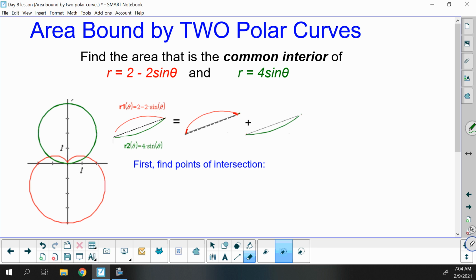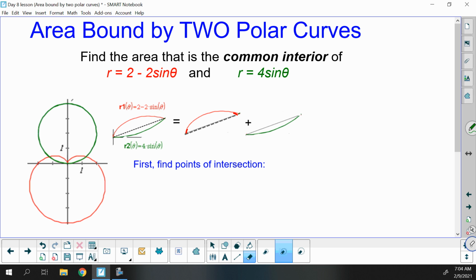Again, because our area we define as coming from the pole, it's not a top minus bottom like we had when we had just regular functions. So it's coming from the pole, and that's why we have to split it like that. So you see it broken down a little bit to the right there. So we're going to do the red section there plus the green section.